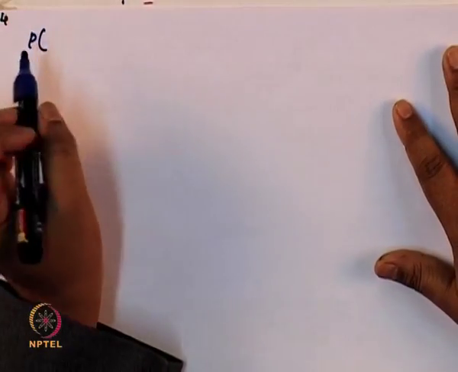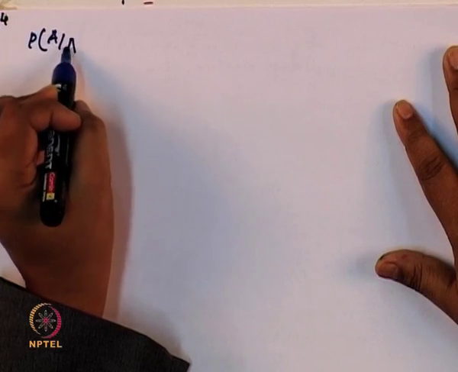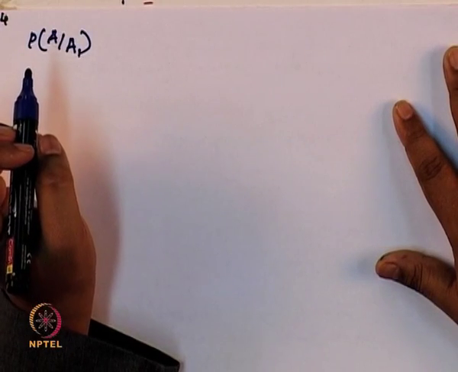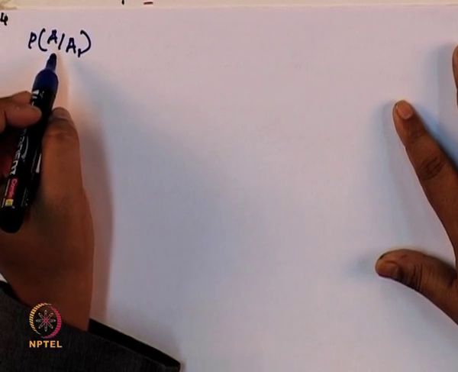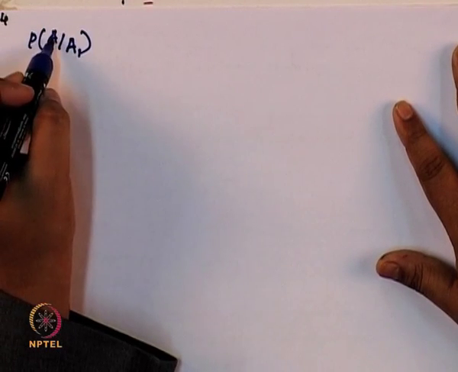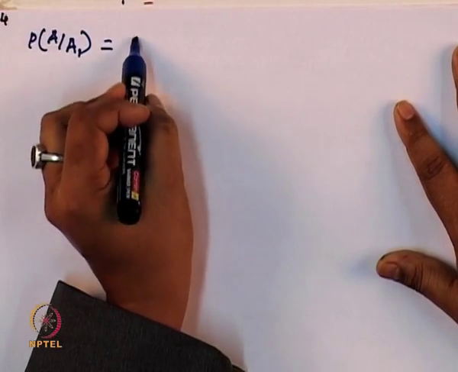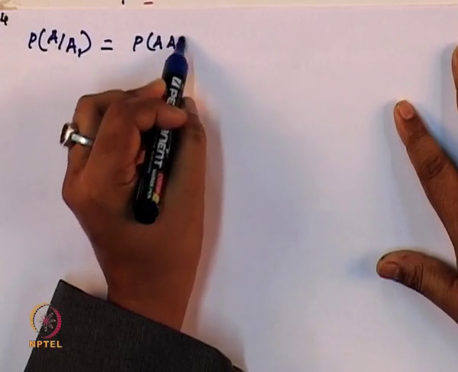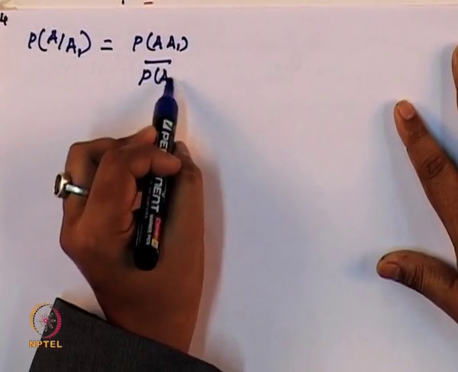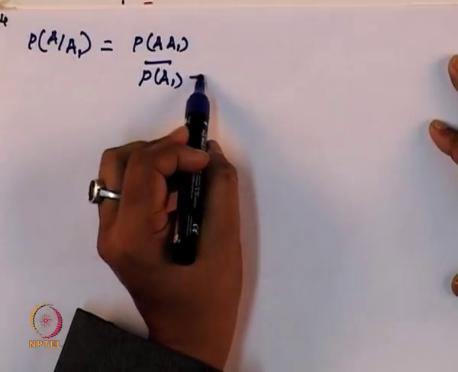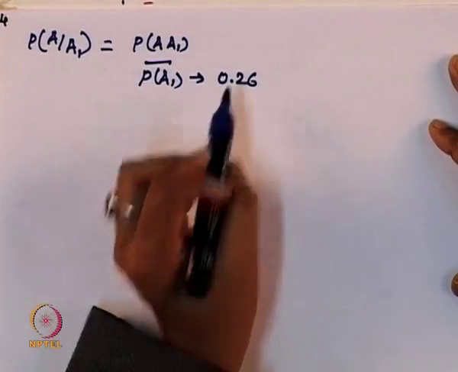Again, for solving this problem, we have to make use of conditional probability. Essentially we have been asked to compute the probability of A given A1, that is, the person is accident prone given that he has an accident. I can write it as the probability of A and A1 divided by the probability of A1. Now, the probability of A1 we have calculated as 0.26.